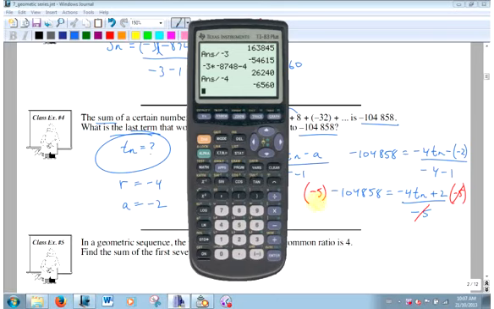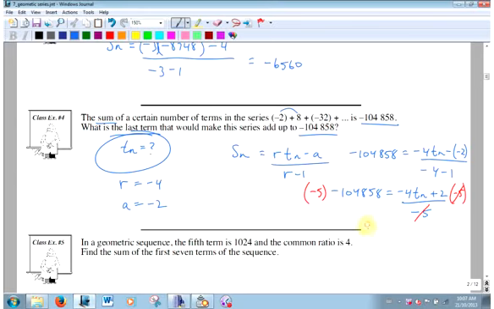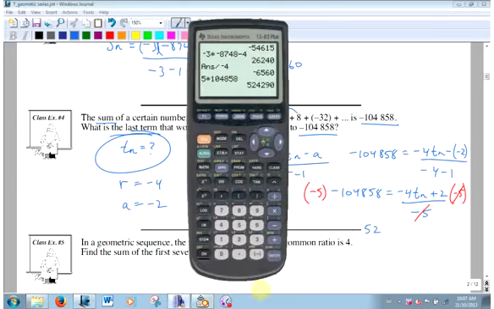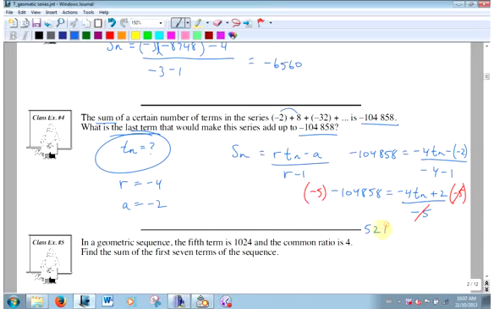I'm not even going to put the sign in my calculator. What is 5 times 104,858? 524,290 equals minus 4Tn plus 2. What's my next step?